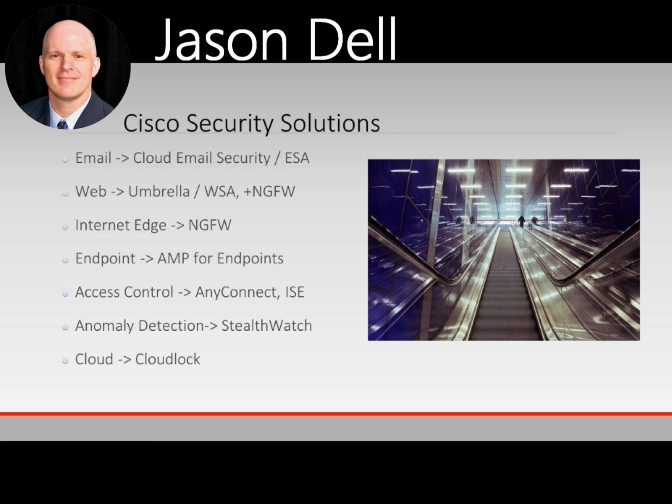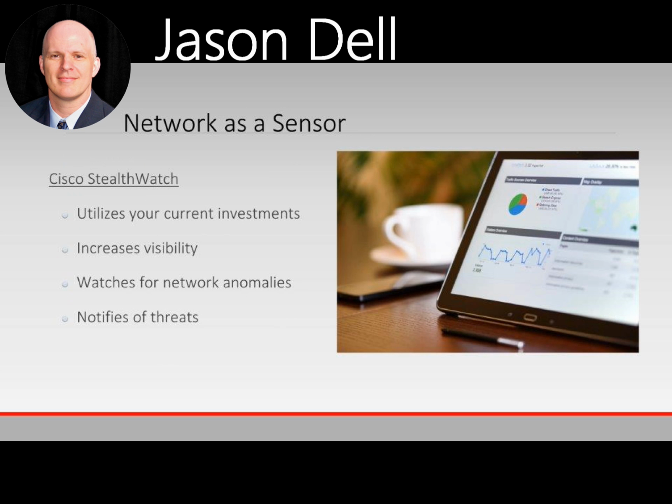So real quick, before I pass the ball to Nicole, I want to talk about 2 things. Network as a sensor. That's Cisco Stealthwatch, and it utilizes your current network infrastructure investments. Instead of a forklift replacement of all of your network infrastructure, it can use much of the equipment you already have installed and use NetFlow to increase visibility, watch for network anomalies, and notify you of threats. This is going to be a key component to some other security products coming down the road.